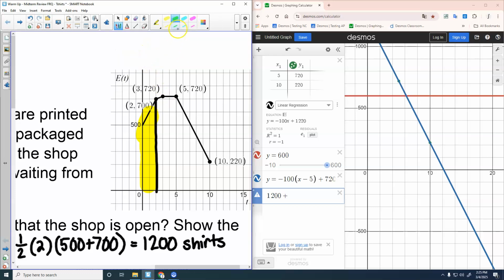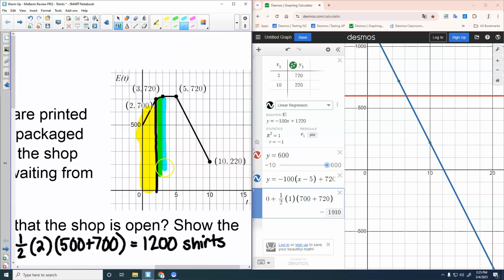The next little piece right here is going to be just this little sliver. If we had more room, it wouldn't hurt to write it down, but it's going to be 1/2 times 1 times 700 plus 720. That'll be that green part.